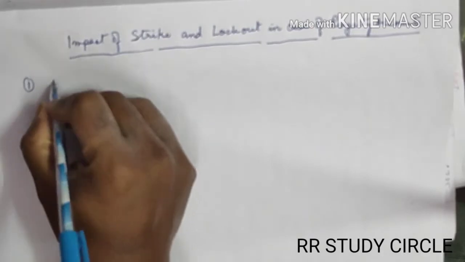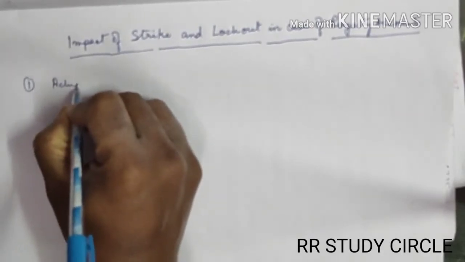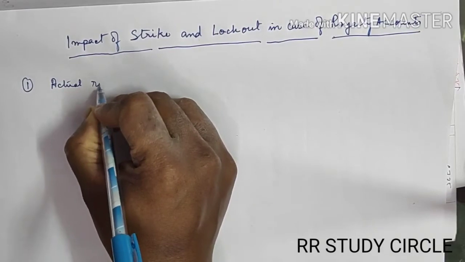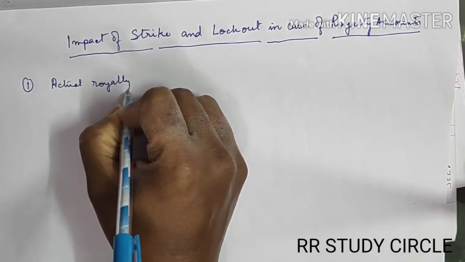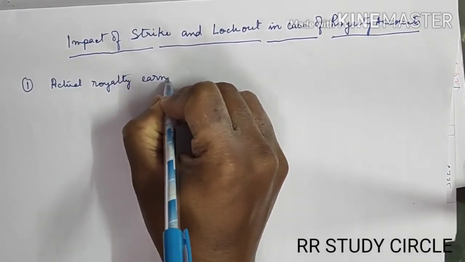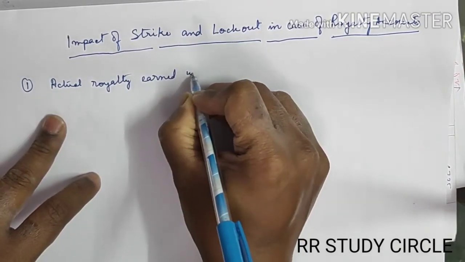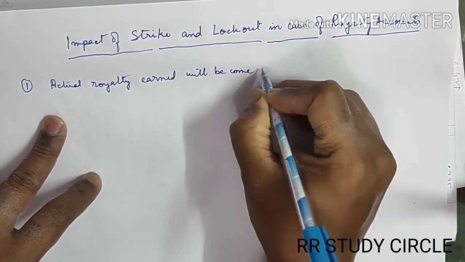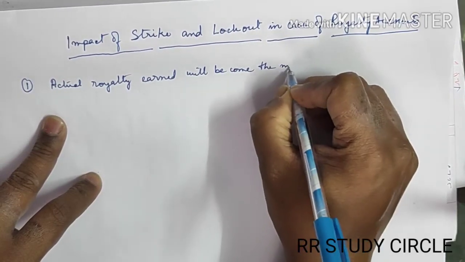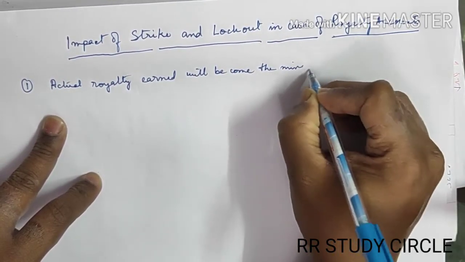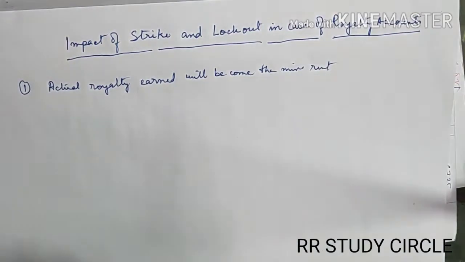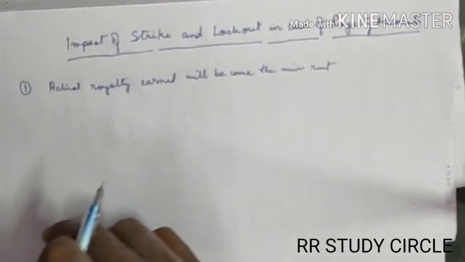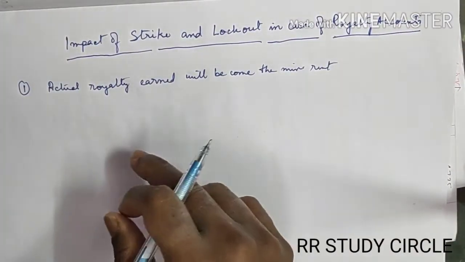First way: actual royalty earned will become the minimum rent. Now, what is this situation all about?